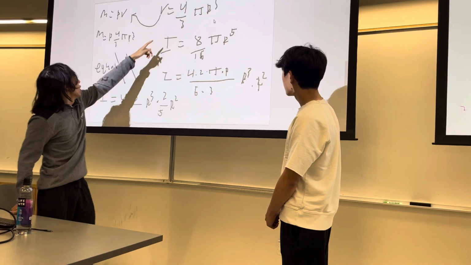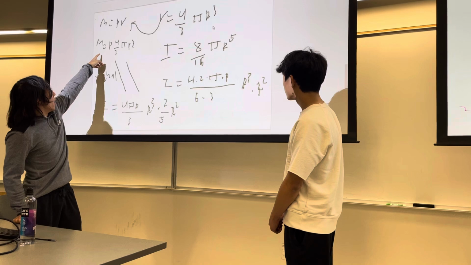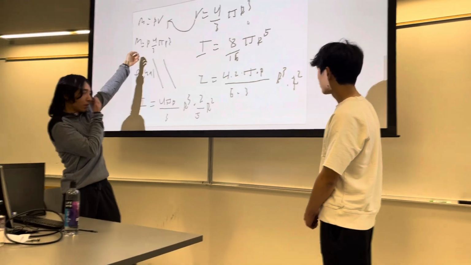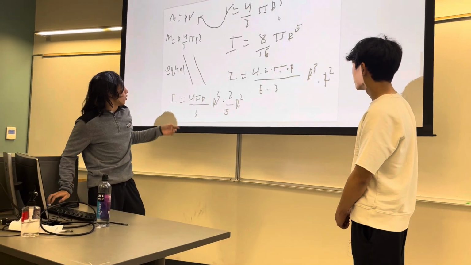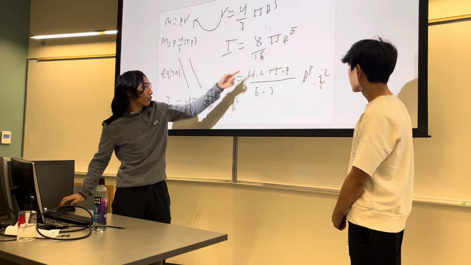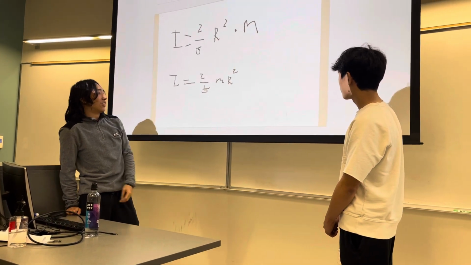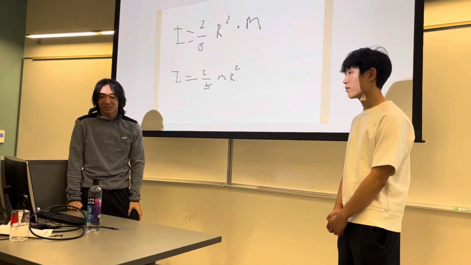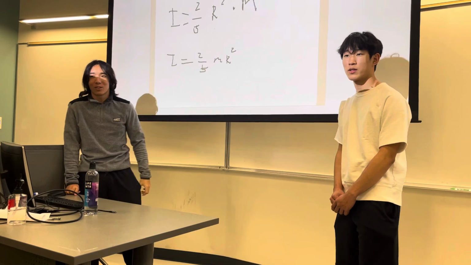We did dV, so when you sub it back in, you get back to mass equals rho times 4/3 pi R cubed. And then you can sub it back into the original inertia equation, which is right here, and that gets the final inertia equation. And then that's the derivation of the inertia of a sphere. Any questions?